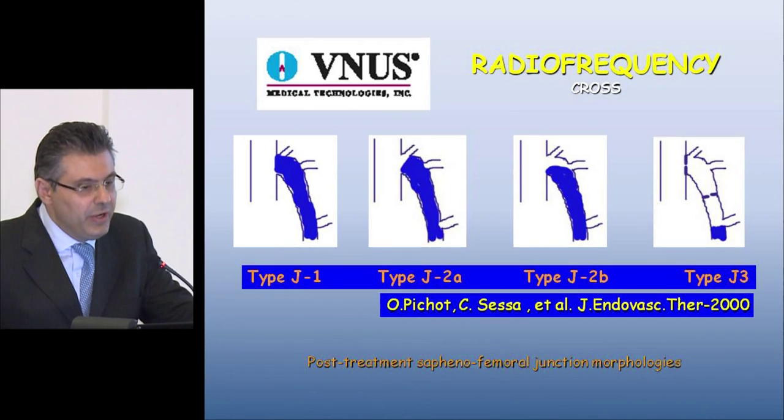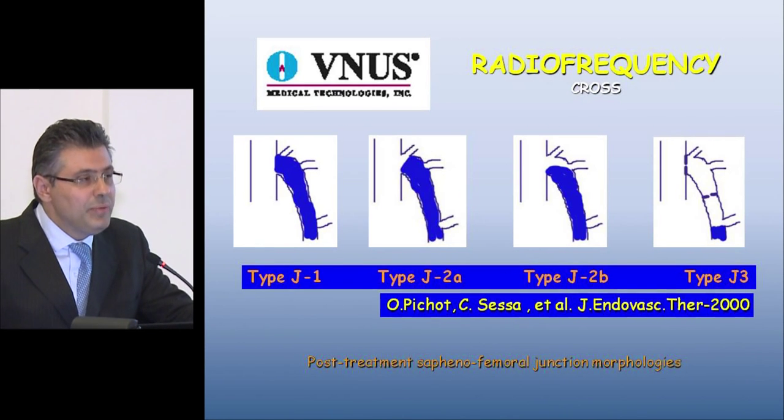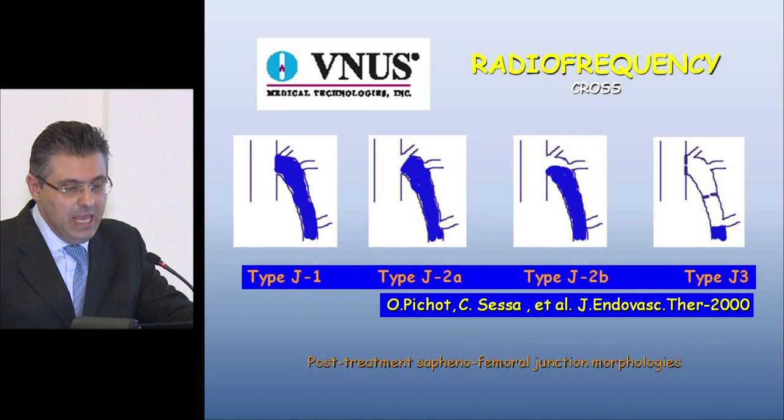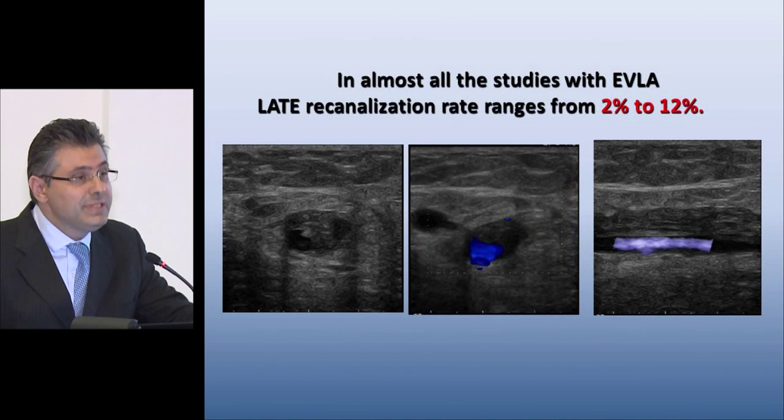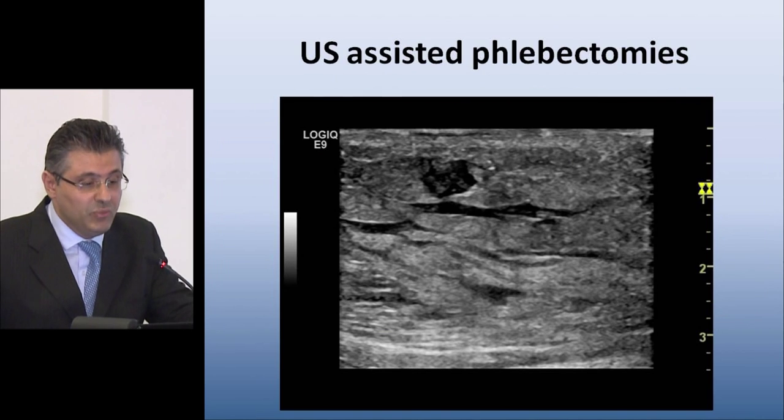And as you can see here, in the first follow-up we had only partial and asymptomatic recanalization in 3.4% of the patients, but in the late follow-up at 88 months, we had more recanalization, complete and symptomatic in 3.4%. These 3.4% were the patients that we operated on again because they were symptomatic.